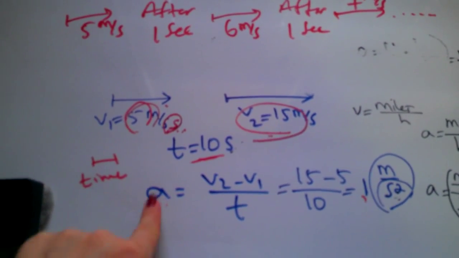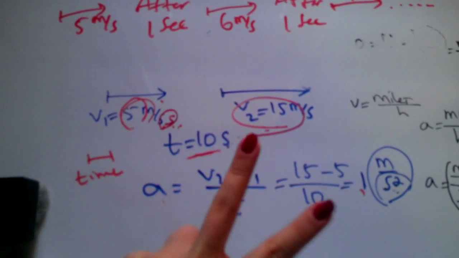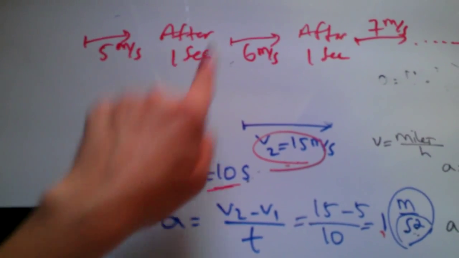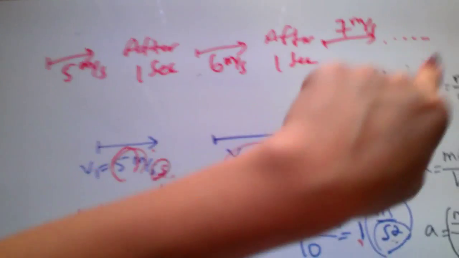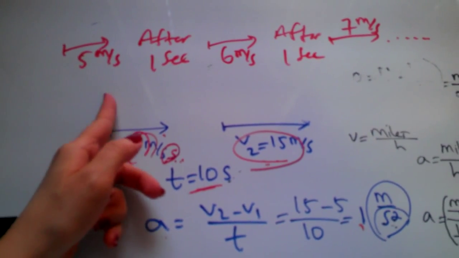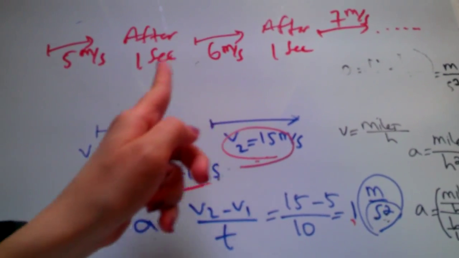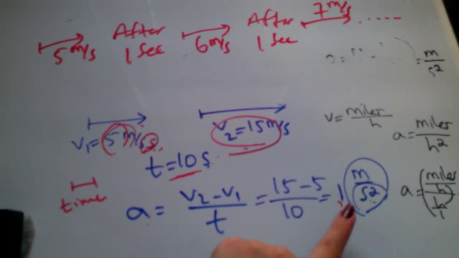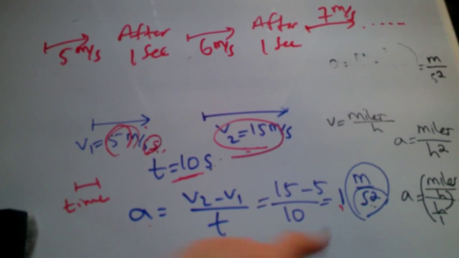If I ended up with an acceleration of 2, then 5 would be 7 after 1 second, after another second would be 9. I would change my first velocity, 5, after every single second by 2 if this acceleration were 2. Okay?